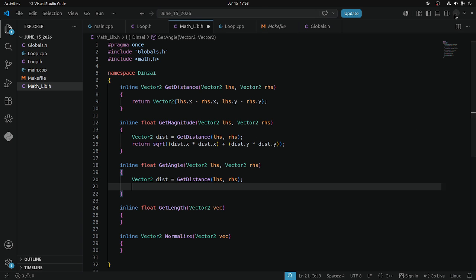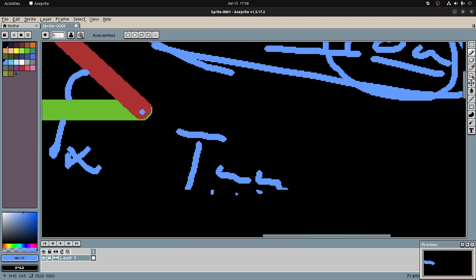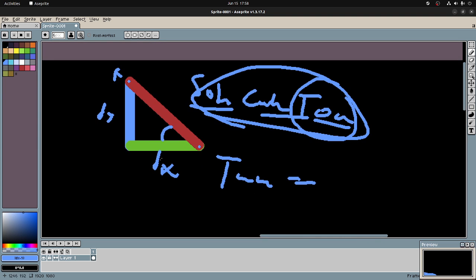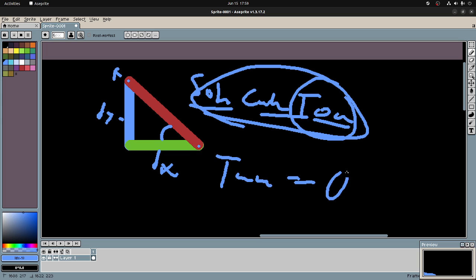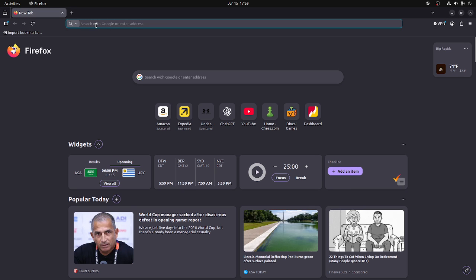Now, the tangent function returns, when we do our opposite over adjacent, I think, an angle. I could be wrong. It very well could be, and I don't want to lead you down the wrong path here.